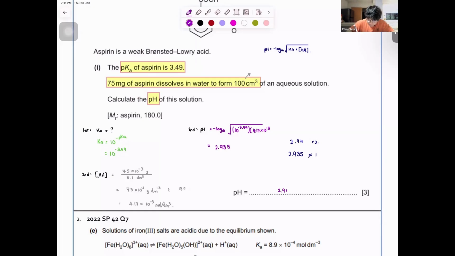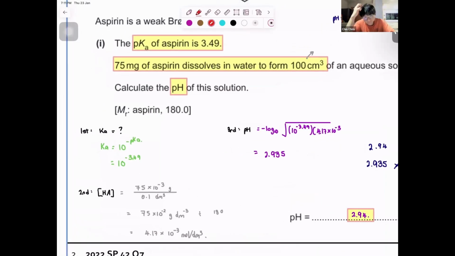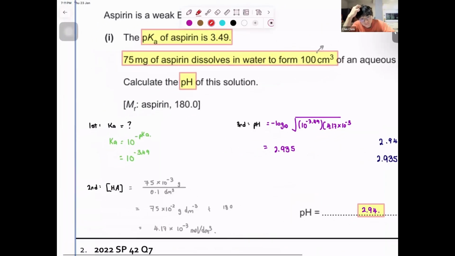Not too high, right? All right, guys, please try your answer. Three steps, done. Next page.